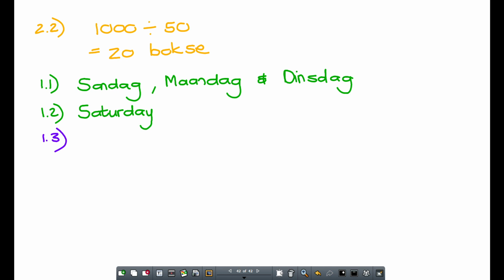En dan donderdag sê hulle AM showers/wind. So daar's 3 dae wat hulle wind voorspel, nee. Uit 'n totaal van hoeveel dae? 6. Okay, so the probability would be 3 out of the 6 days, but they specifically said the simplified fraction. Met ander woorde, dit is 'n half. Is julle reg daar?